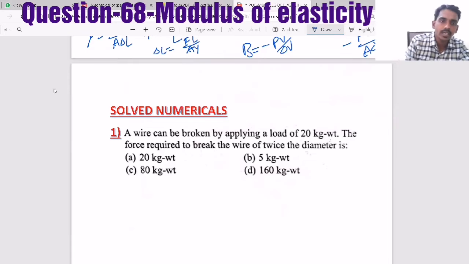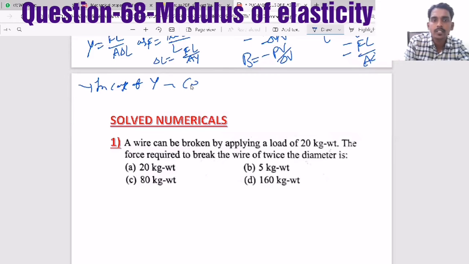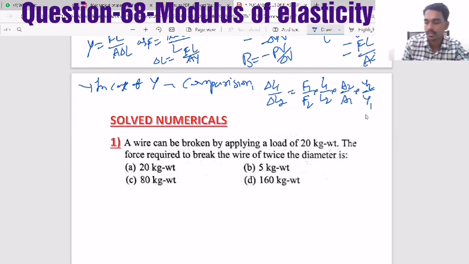But sometimes in the case of Young's modulus, they will ask a comparison-based question between two wires: delta L1 by delta L2 equals F1 by F2, L1 by L2, A2 by A1, Y2 by Y1.